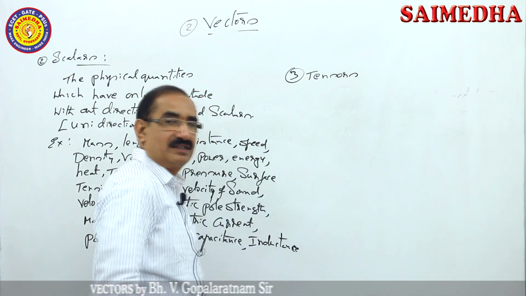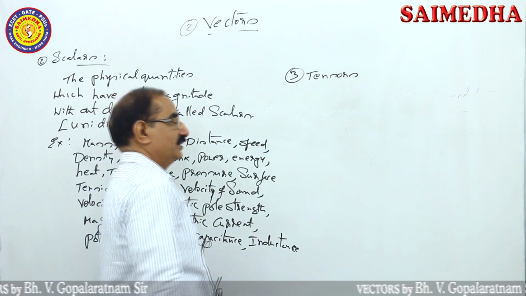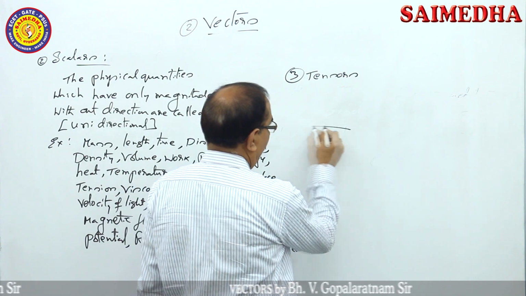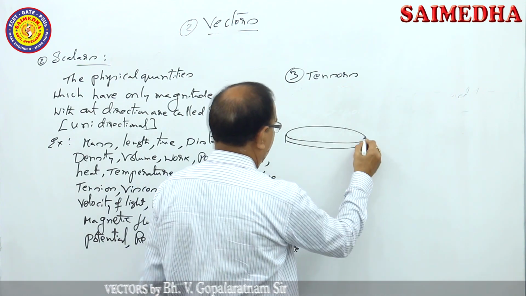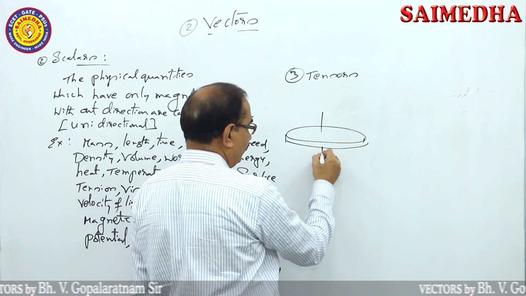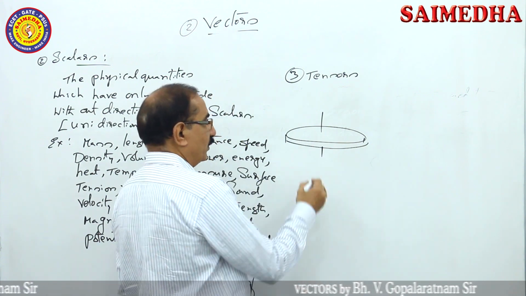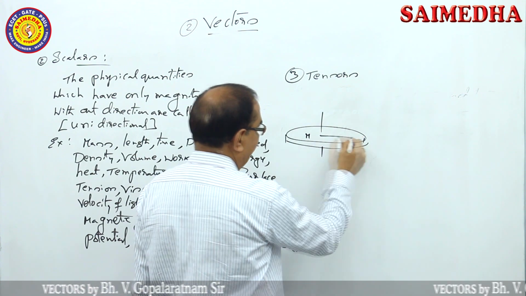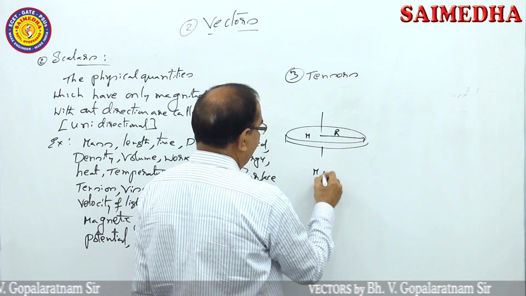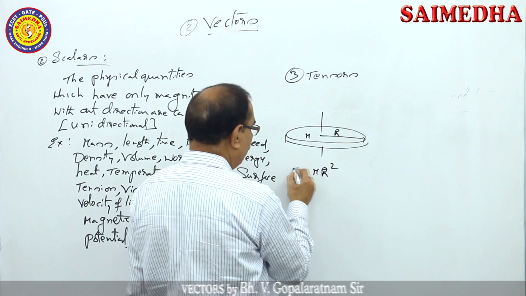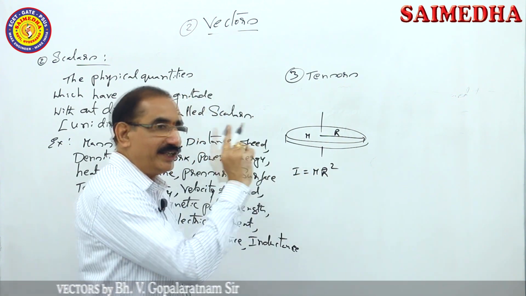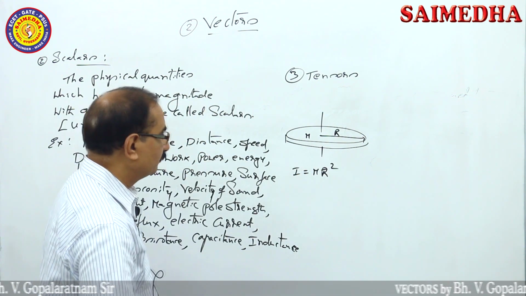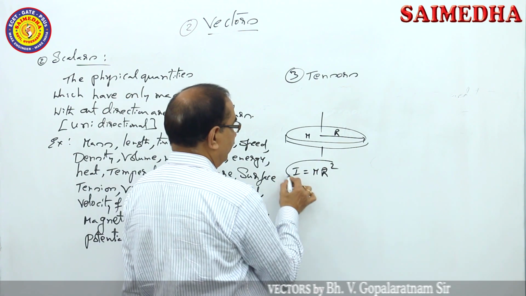Tensors. Here I am taking a body, a disc, it is rotating about an axis, mass into radius squared, mr square, is called the moment of inertia. The inertia of a rotating body is moment of inertia.